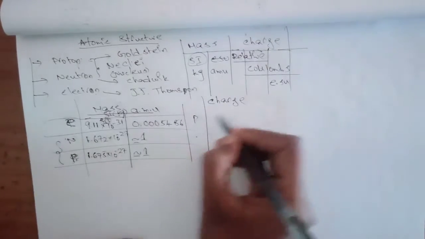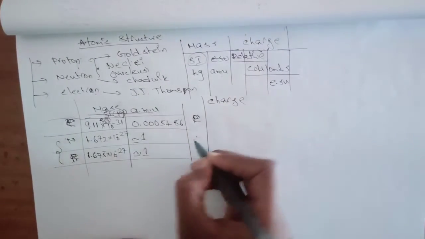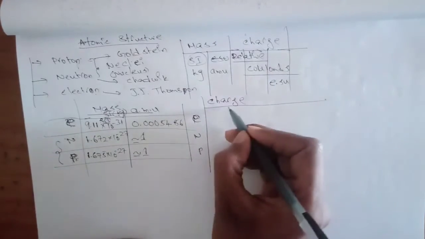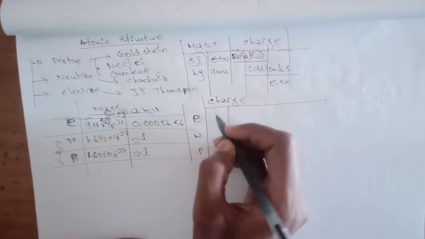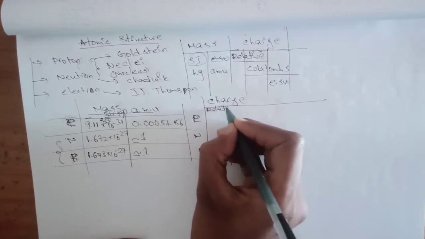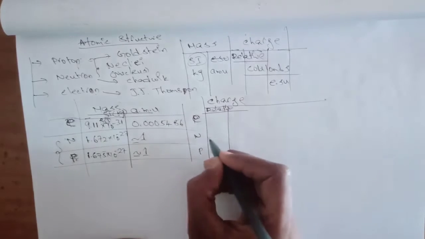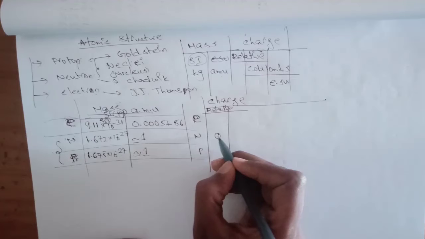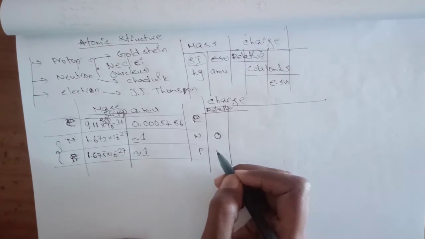And if we consider the charge of the electron, neutron and proton in terms of three parameters, the first one is relative charge. The neutron has no relative charge, it is 0.